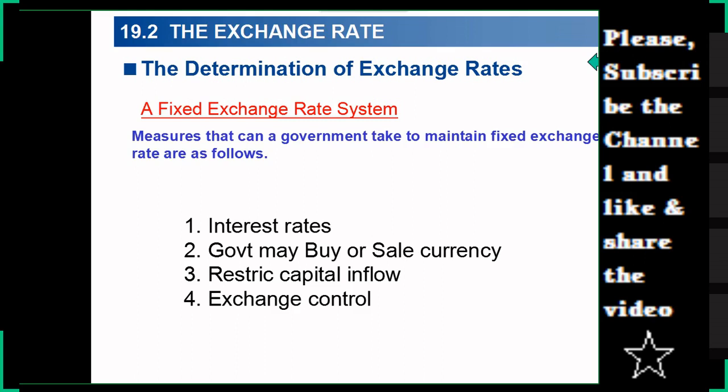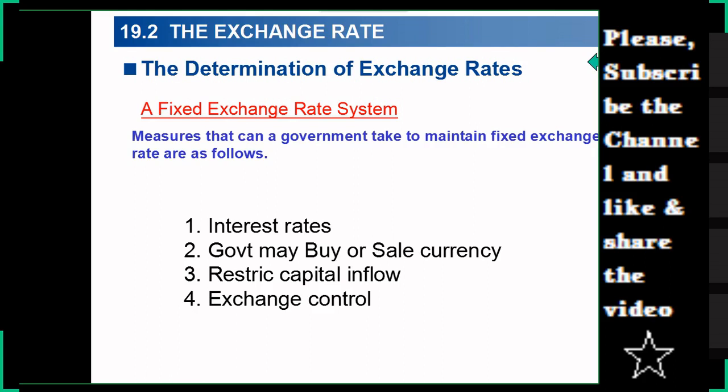Okay, now the next option is number 4, that is exchange control. Now what happens in case of exchange control? A country would like to restrict their people from buying foreign currencies. Okay, what happens if the people in that country demand foreign currency?